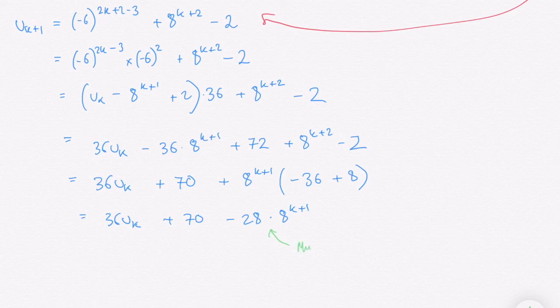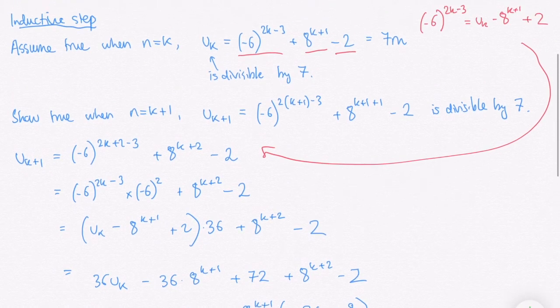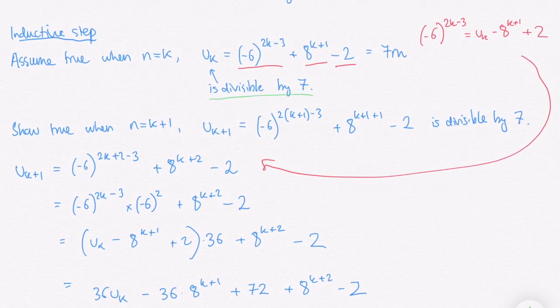This is a multiple of 7 because 7 divides 28. This is a multiple of 7 because 7 divides 70. And this is a multiple of 7 because of our inductive hypothesis, because our assumption was that u_k is divisible by 7.